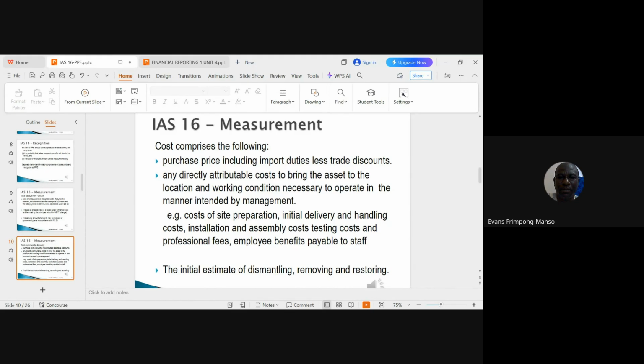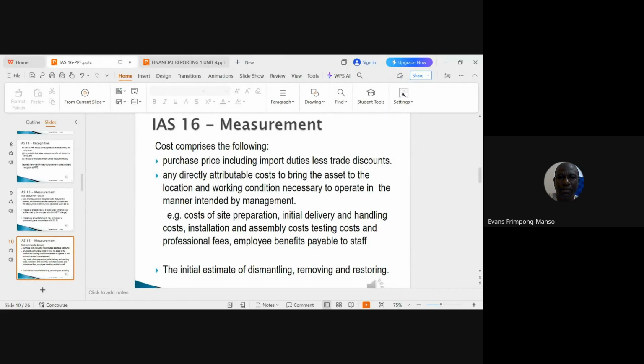So, transportation costs, installation costs are all part and parcel of the cost of the PP&E. And even dismantling cost.